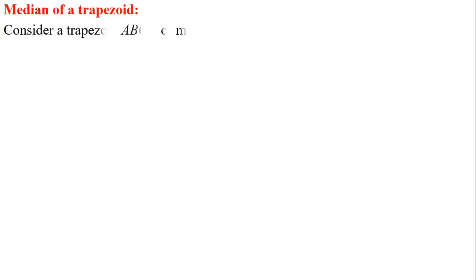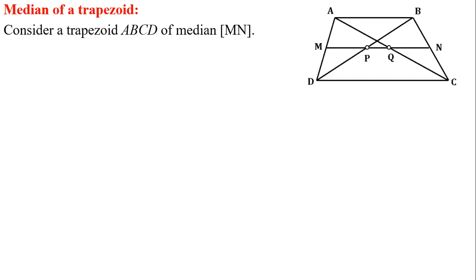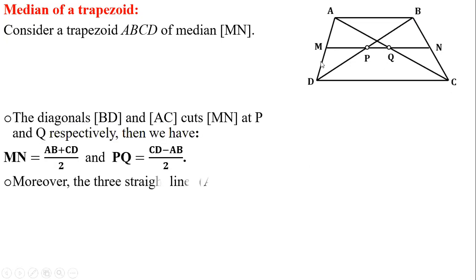The median of a trapezoid. Suppose I have a trapezoid ABCD. Why is MN a median? I look at the non-parallel sides. I take M, the midpoint of the first non-parallel side. N will be the midpoint of the second non-parallel side. So if I join MN, it will be parallel to AB and DC.